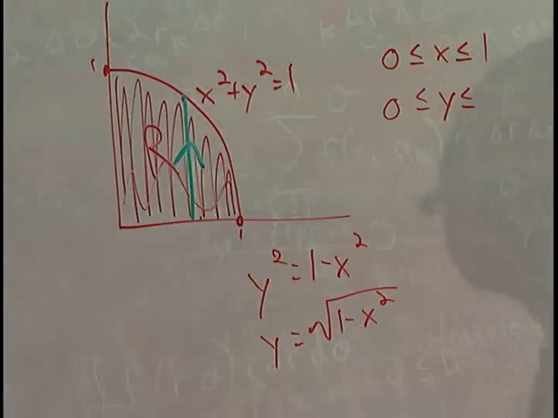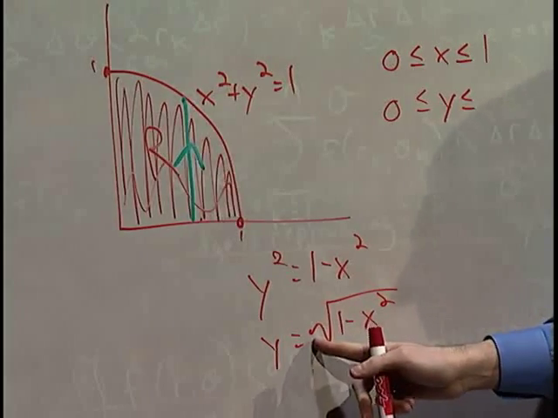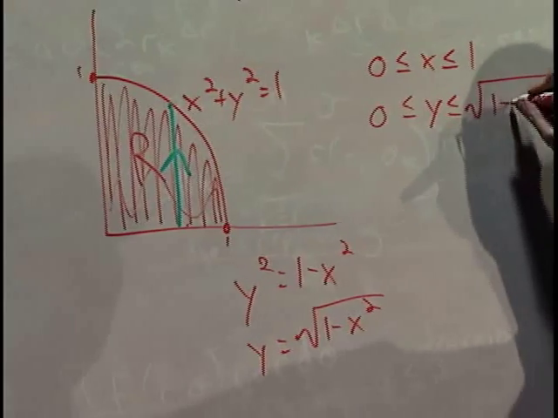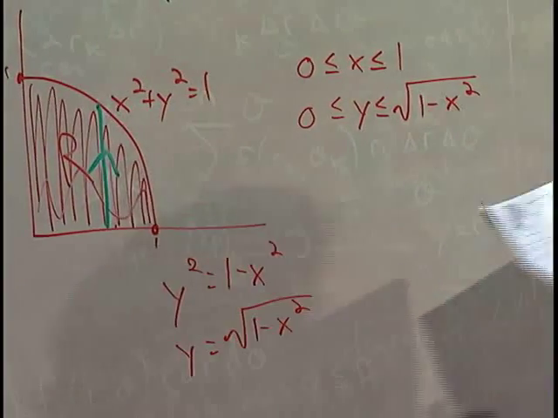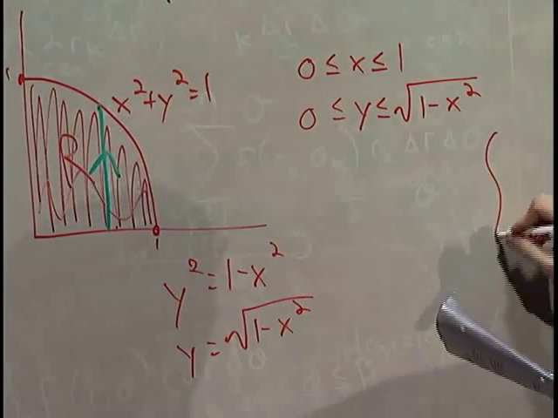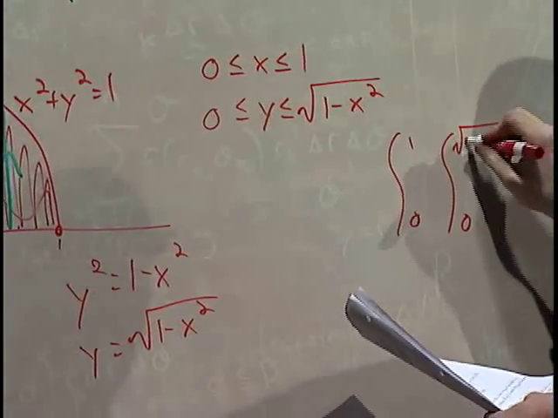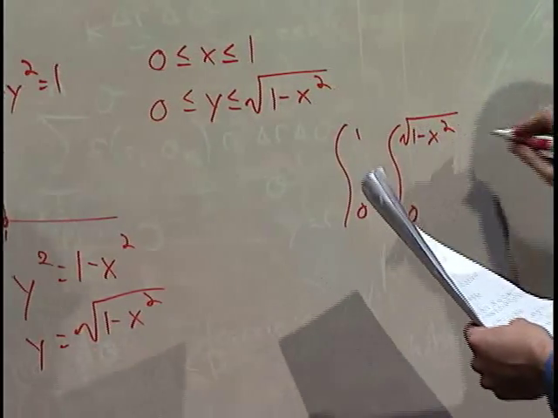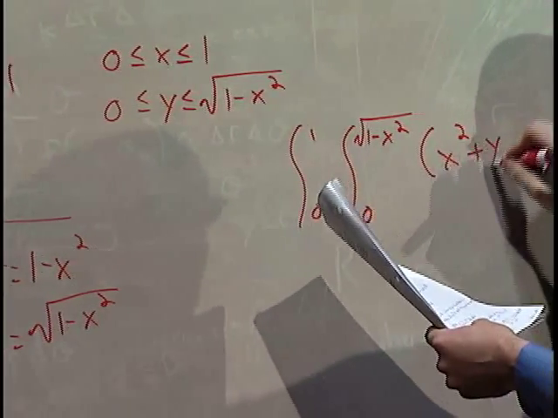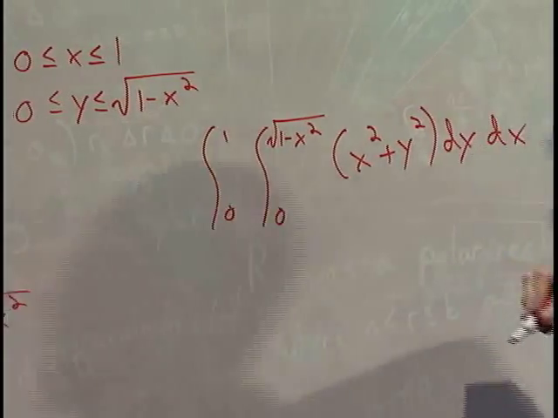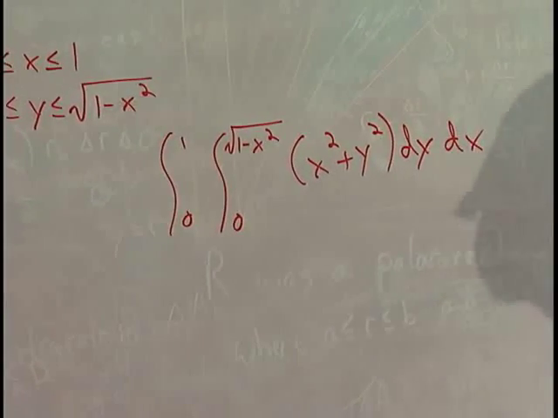And this is, of course, normally plus or minus, but we're working only in quadrant 1 here, so just plus. Okay, so there's our limits of integration. So our double integral would look like the integral from 0 to 1 of the integral from 0 to the square root of 1 minus x squared of x squared plus y squared dy dx. So there's the double integral that we want.